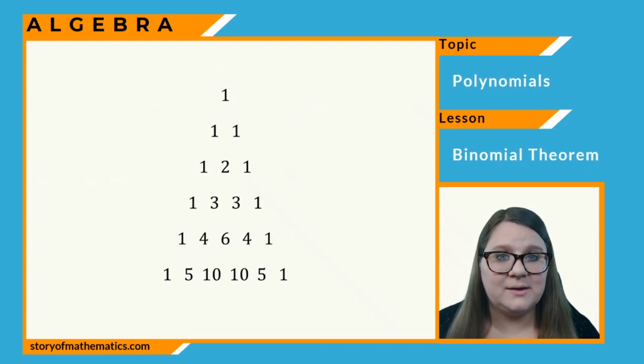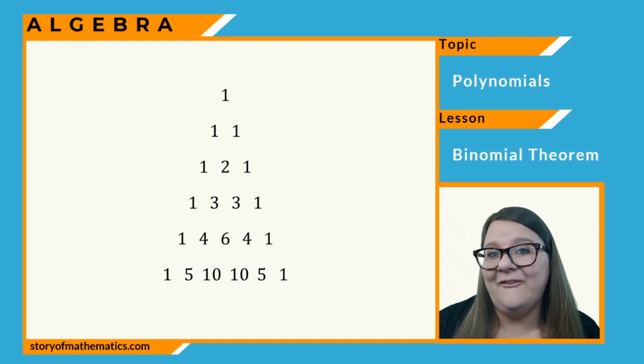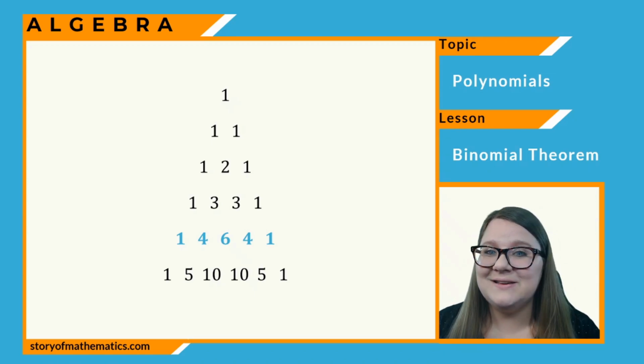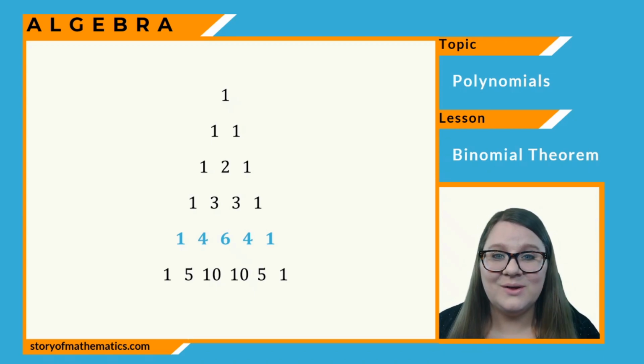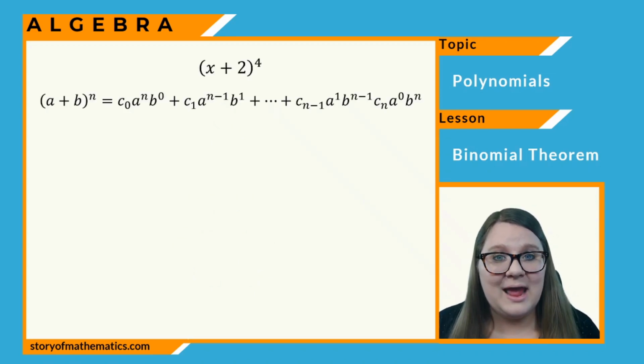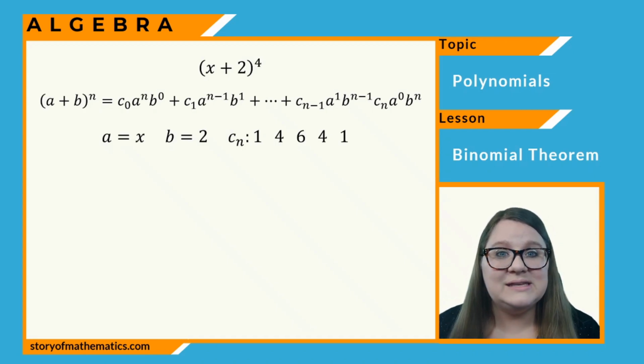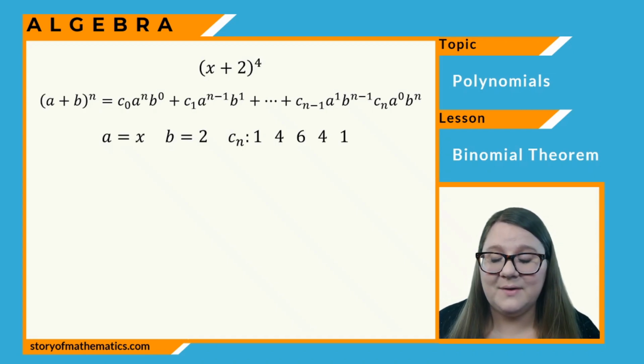So I go look at Pascal's triangle, and I look for which row has 4 in the second spot. And that is 1, 4, 6, 4, 1. So those are my important values here. Looking at this, I know my a is x, my b is 2, and then my c values are 1, 4, 6, 4, and 1. So I'm going to go ahead and plug these into my equation.